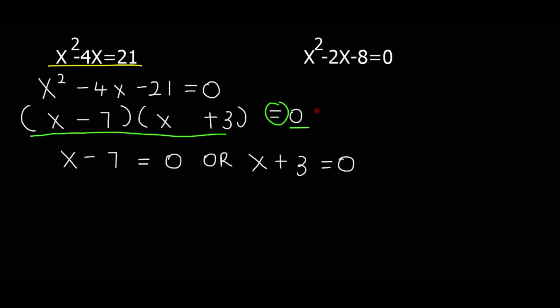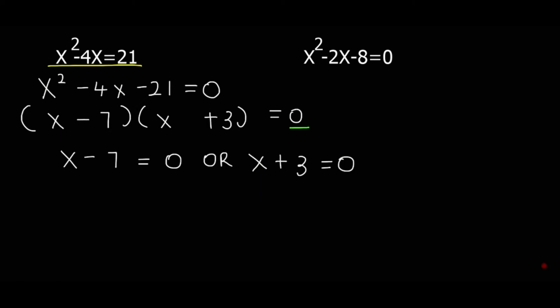So if a bracket is 0, the whole thing will be 0. It doesn't matter what your other number is, because any number times 0 is 0. So that is why we have two brackets equal to 0.